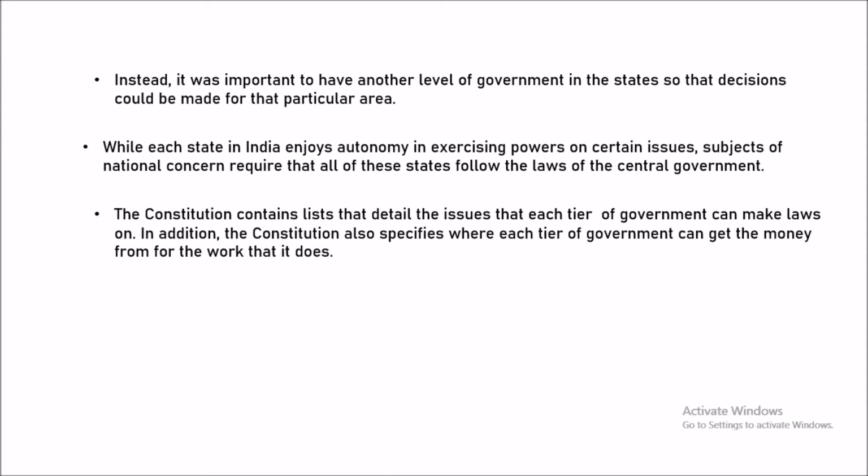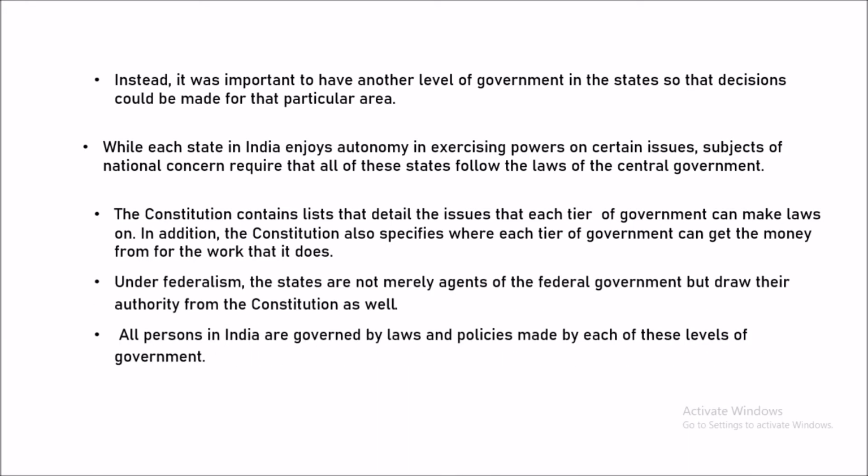So, the central government, state governments and the local bodies are established as per the spirit of the Constitution and the requirements of the society to address the concerns. The Constitution also specifies how and where to get the money from for the work it has to do.